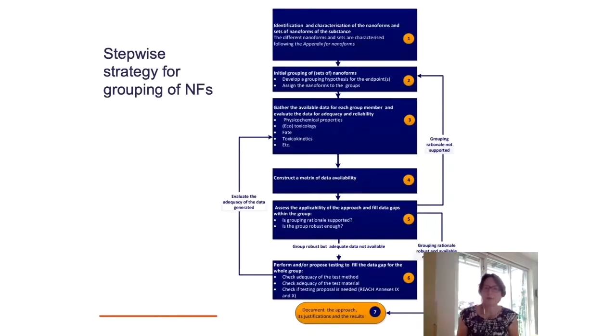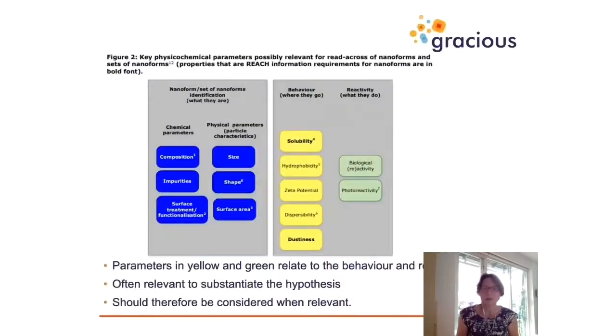So the first step in this strategy is to identify and characterize the nanoforms and sets of nanoforms of the substances. So first we have to know what are the nanoforms we are talking about. And then there is this overview of physical chemical properties that needs to be available.